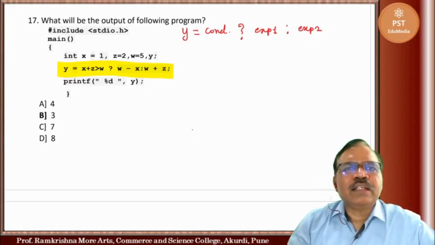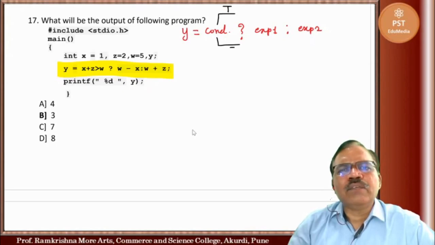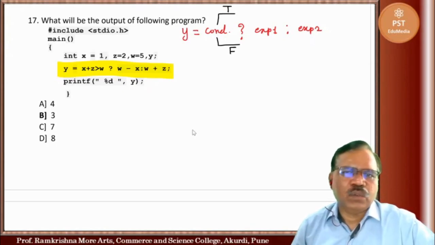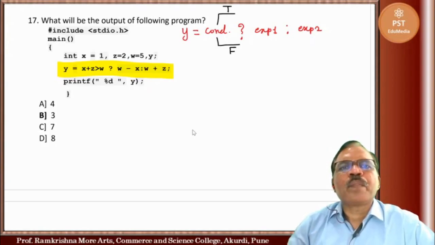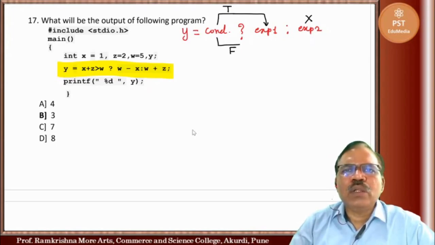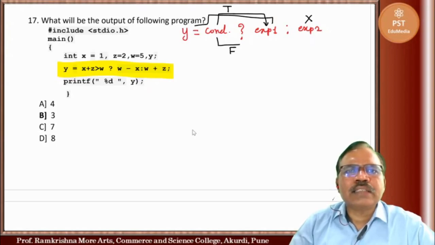If we take this condition, it will be either true or false, meaning it will either return value 1 or 0. If condition is true, expression 1 is evaluated, expression 2 is ignored, and whatever value of expression 1, it is assigned to y.